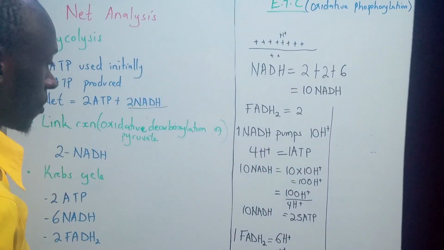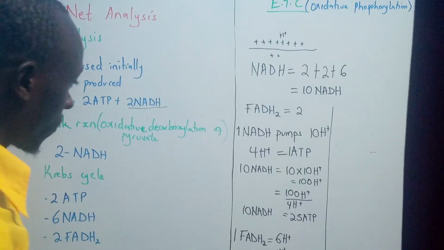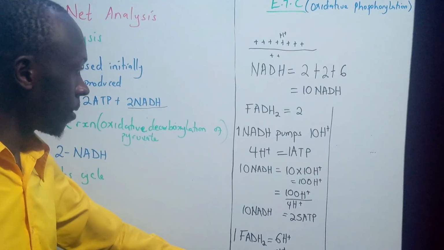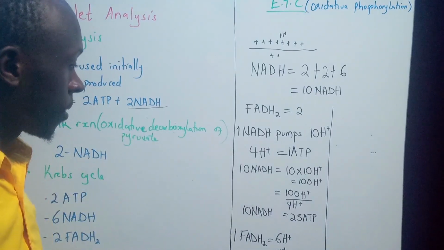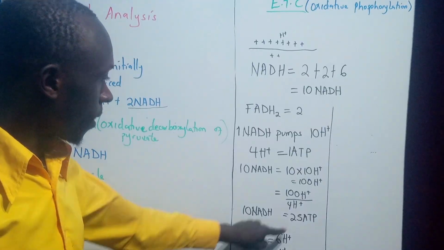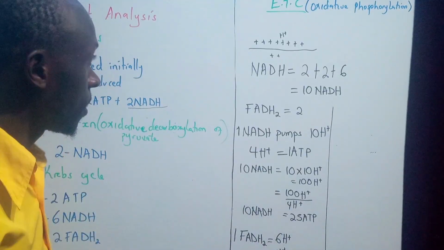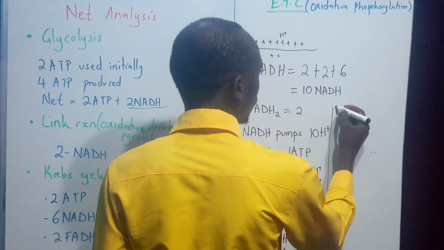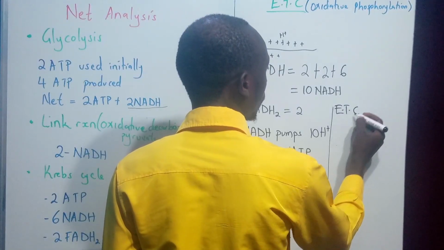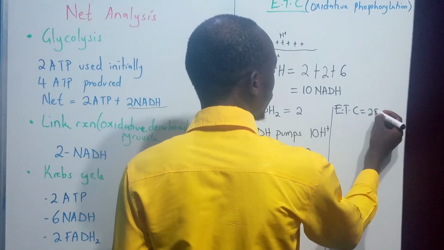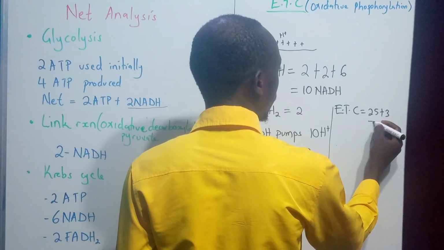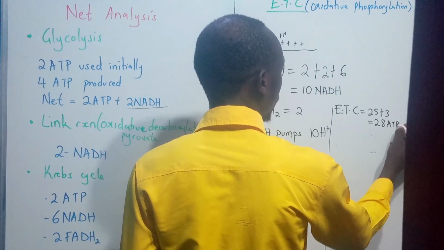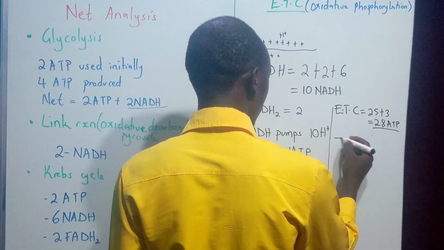So 2 FAD from Krebs cycle will give us 3 ATP in the electron transport chain. So we shall add 3 plus 25, giving us 28. So the electron transport chain gives us a total of 25 plus 3, giving us 28 ATP molecules.